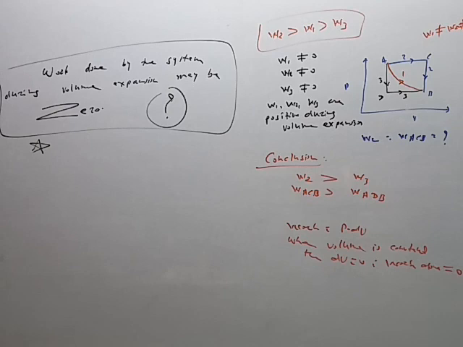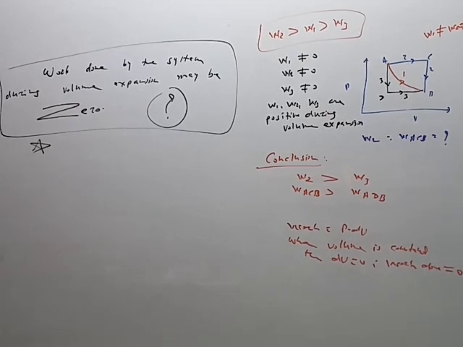Out of these two expansions, in one case the work done will be 0. In one case there is work done, in the other case there is no work done. So which case is preferable, that we have to see. Okay, we will see these two cases, controlled and uncontrolled volume expansion of the gas, in the next lecture. So we will stop here.